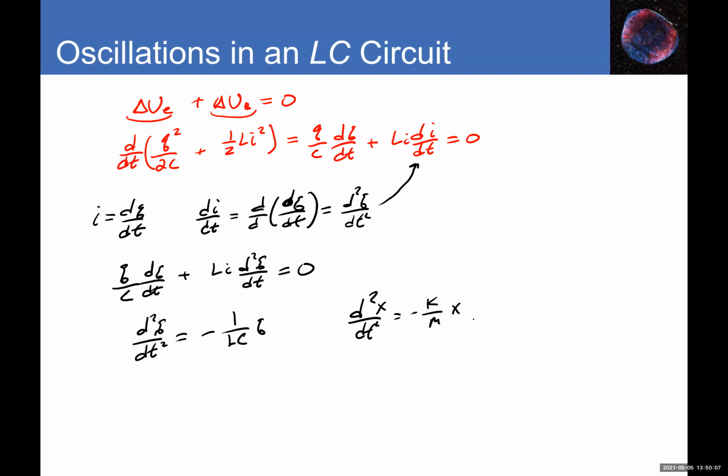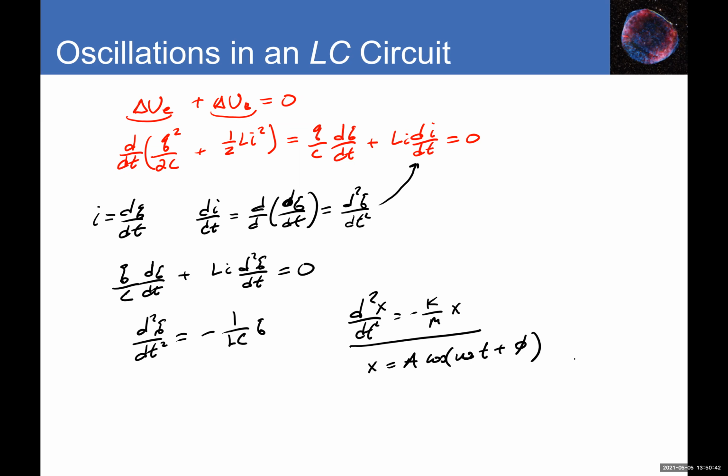That means it is very similar to something we have already done before, which is simple harmonic motion. The solution for simple harmonic motion was that the second order derivative of the function x is equal to a negative constant times the function itself, and the solution was x equals A cosine of omega t plus phi.